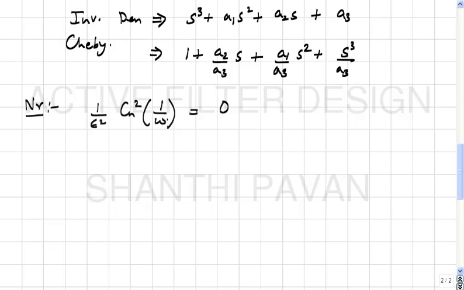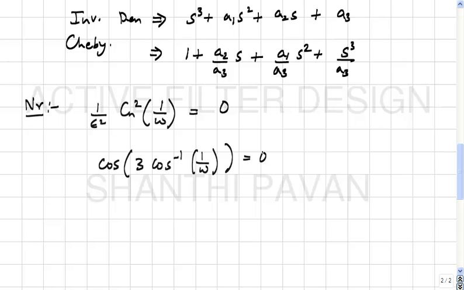So omegas at which you would expect zeros are all greater than 1, which means that 1 by omega is less than 1. So which form of the Chebyshev polynomial will you use? Cos of 3 cos inverse 1 by omega equals 0.